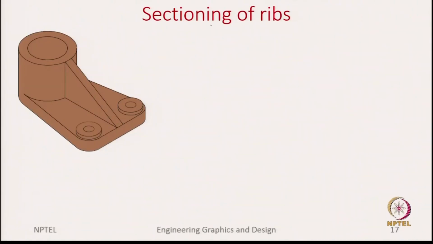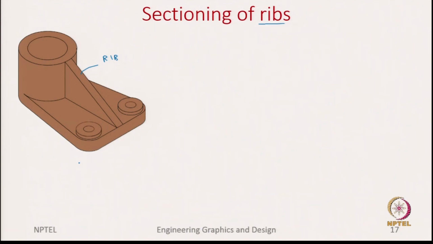So, here is a special case about how do we section ribs. First of all, maybe not all of you know what is a rib. Rib is something like this. It is a structural element which is used to give some strength to the remaining structure. You might have seen these ribs especially for the poles.